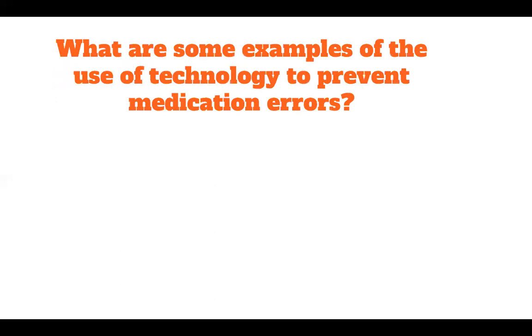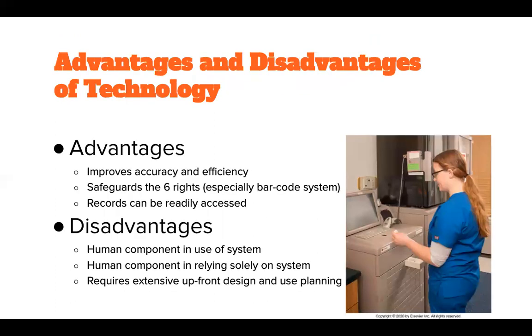Now I want you to write down what are some examples of the use of technology to prevent medication errors. So how do we use technology to prevent medication errors? If we look in the advantage box here, some advantages of using technology: we can improve accuracy and efficiency.